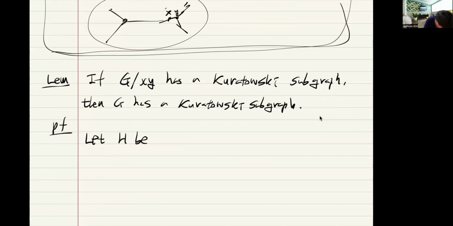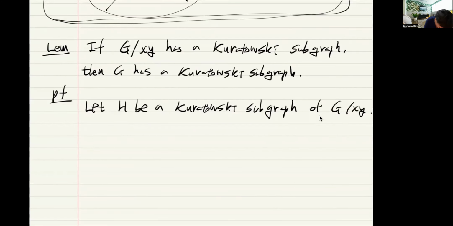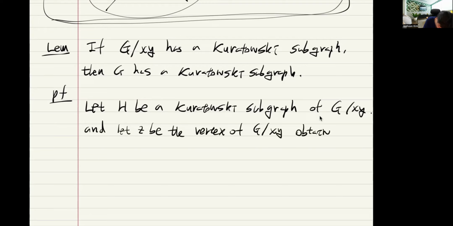Let H be a Kuratowski subgraph, which is either a subdivision of K5 or a subdivision of K33 in this smaller graph, and let v be the vertex obtained by contracting xy.